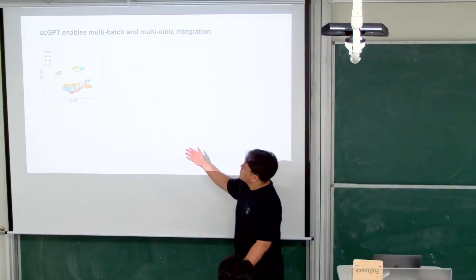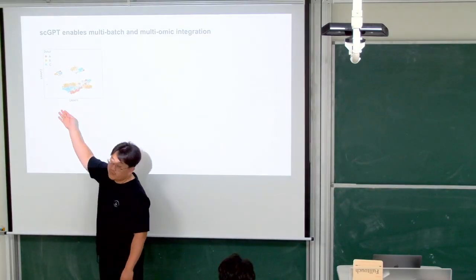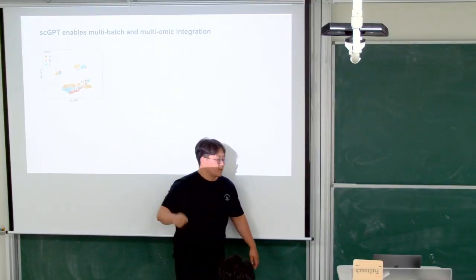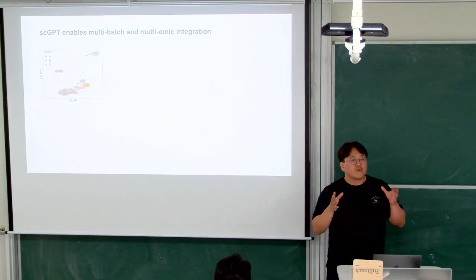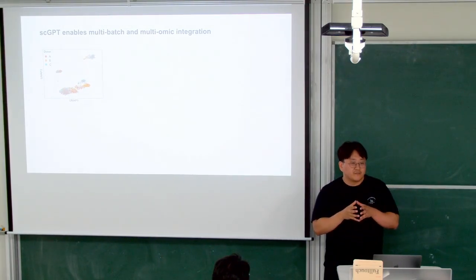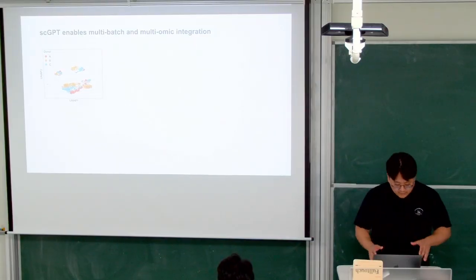So in this example, all the cells come from different donors, right? So we want to merge them and remove that kind of effect. We call it a batch effect.